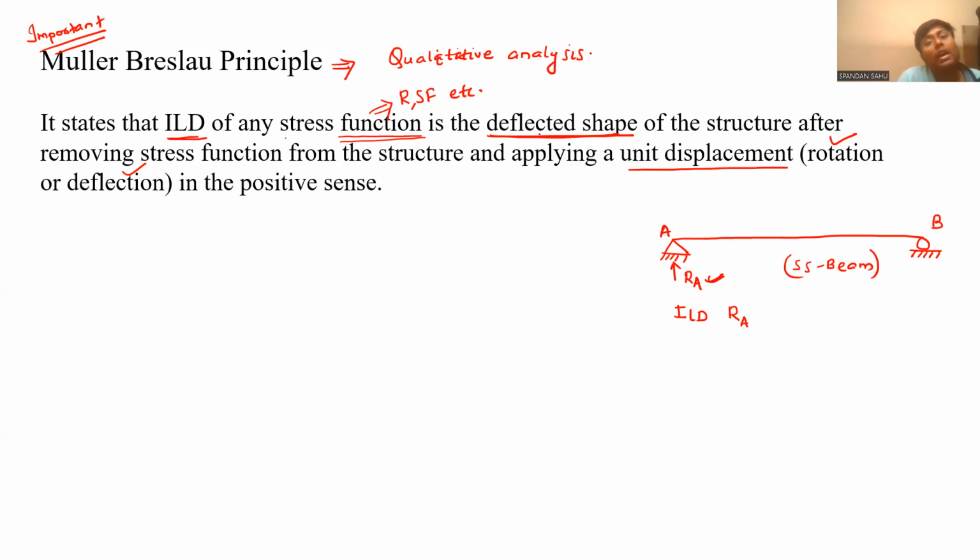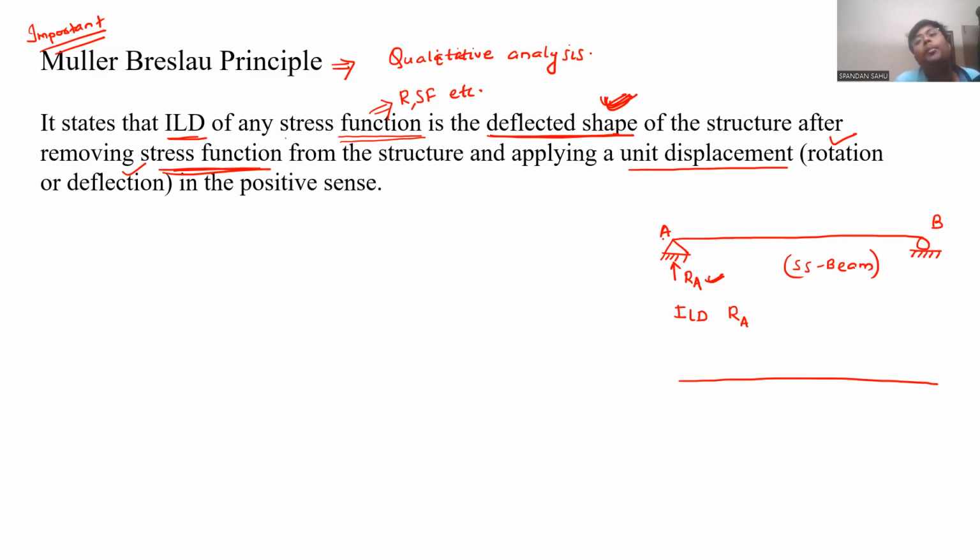So the ILD for RA will be the deflected shape of the structure after removing that stress function. So I want to remove this RA. How will this support change? Now, this support is restraining translational movement both vertically and horizontally.